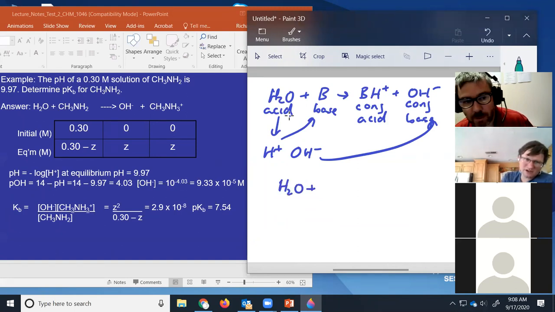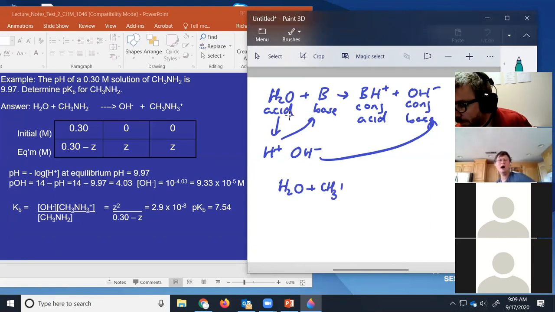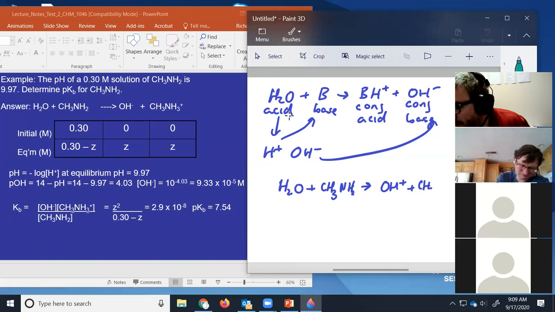So we've got H2O plus CH3NH2. So we know we're getting OH-, and the rest of it is going to be CH3NH3 with a plus charge on it. Whoops, it's OH-. Sorry.